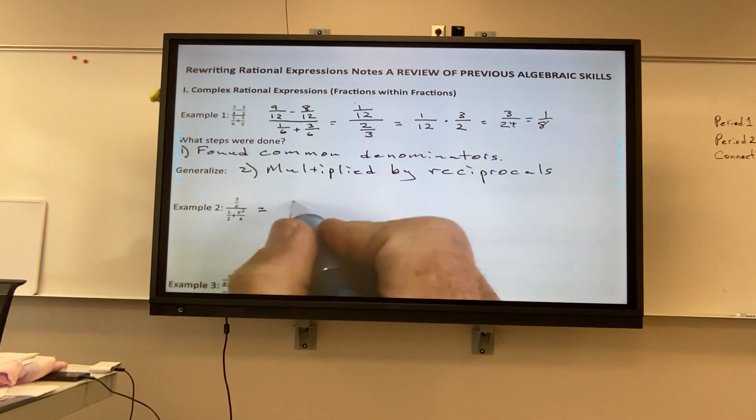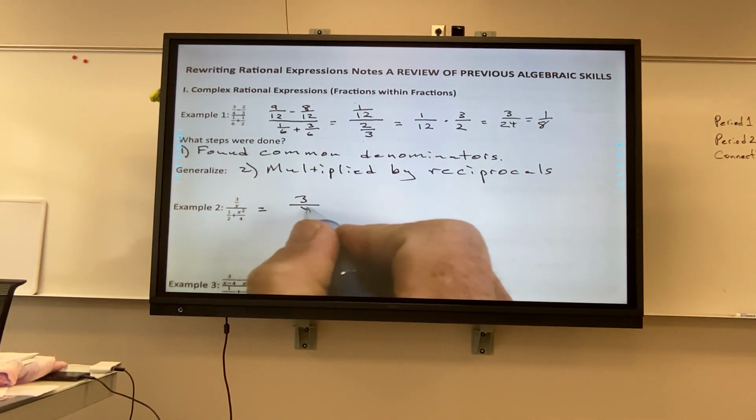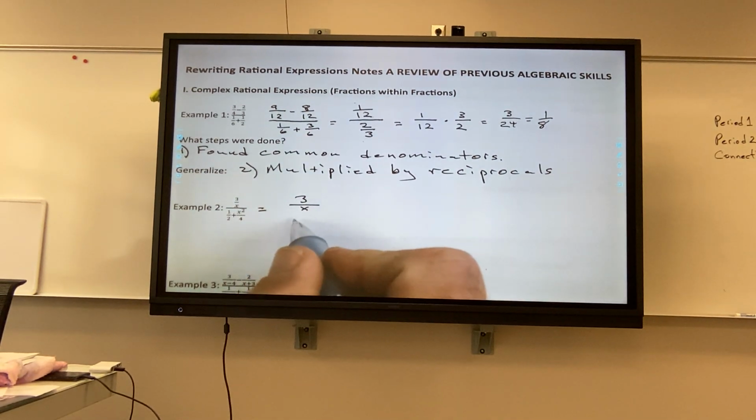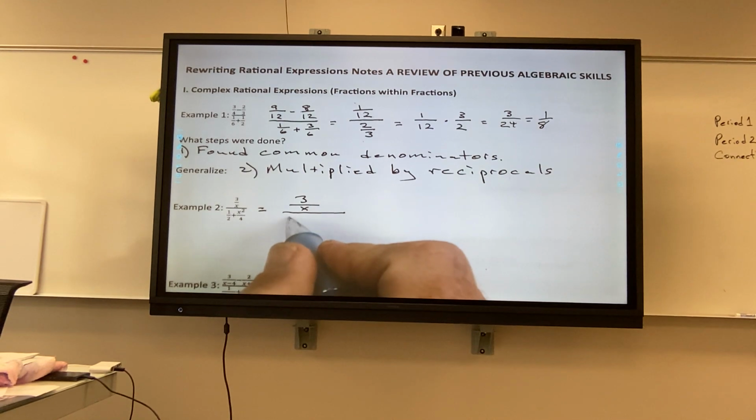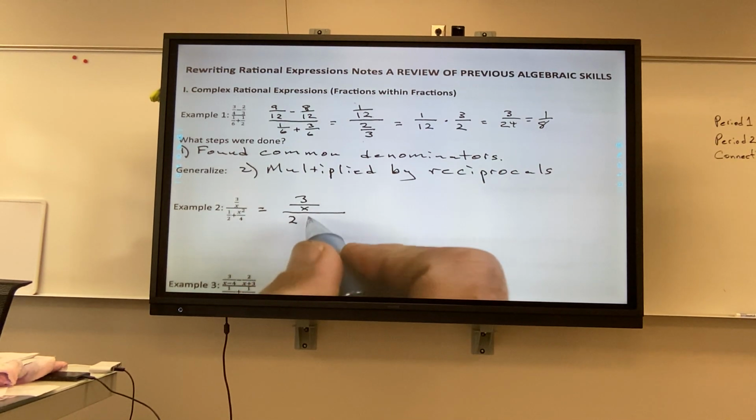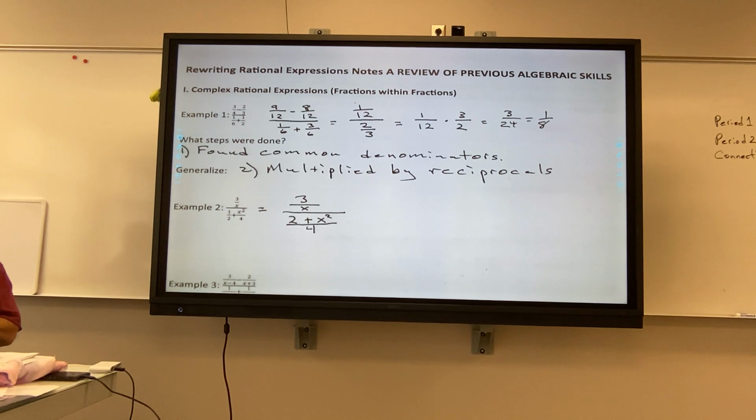So over here, there's nothing to do with this 3 over x, but I can get a common denominator on the bottom, and the common denominator is 4. Would everybody agree with that? Now, I am going to take some liberties here, and I'm going to write this as one fraction.